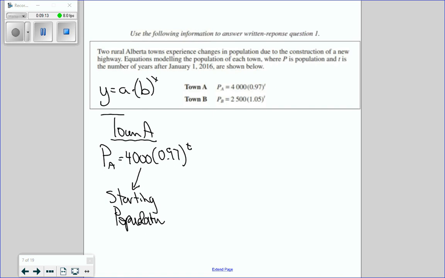So the town starts at 4,000 people. The 0.97. Now that's the B value. Now first off, you should notice that B here is between 0 and 1. So is this a growth or is this a decay? This is a decay. So the town population is decreasing.